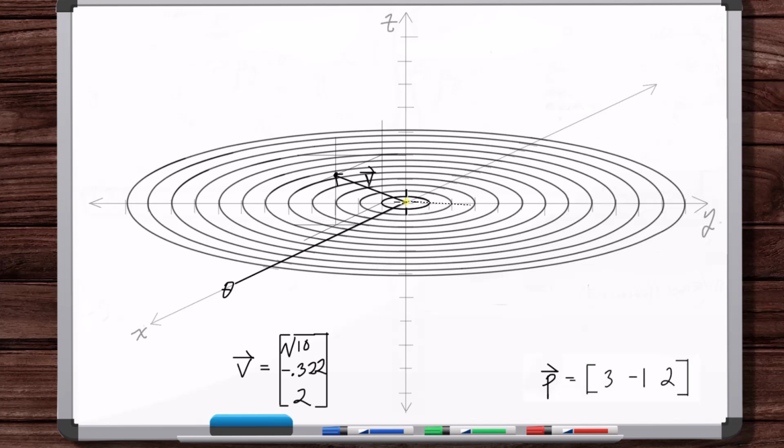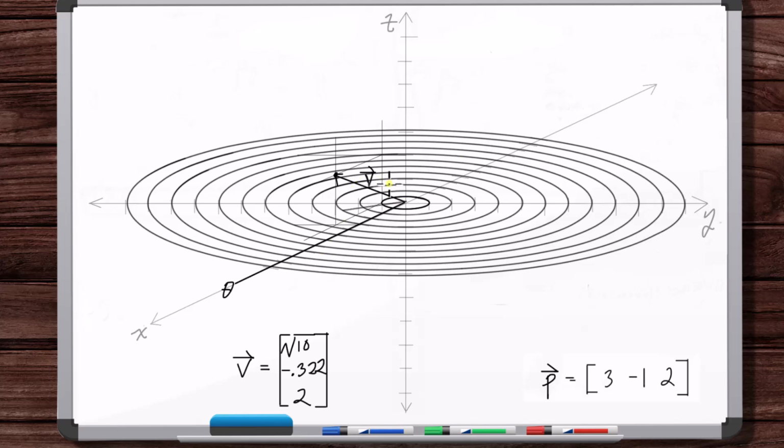So we're on this circle here. Then we go minus 1 radian in the theta direction. Minus 1 radian is about 57 degrees. Here's minus 45, so right around here.